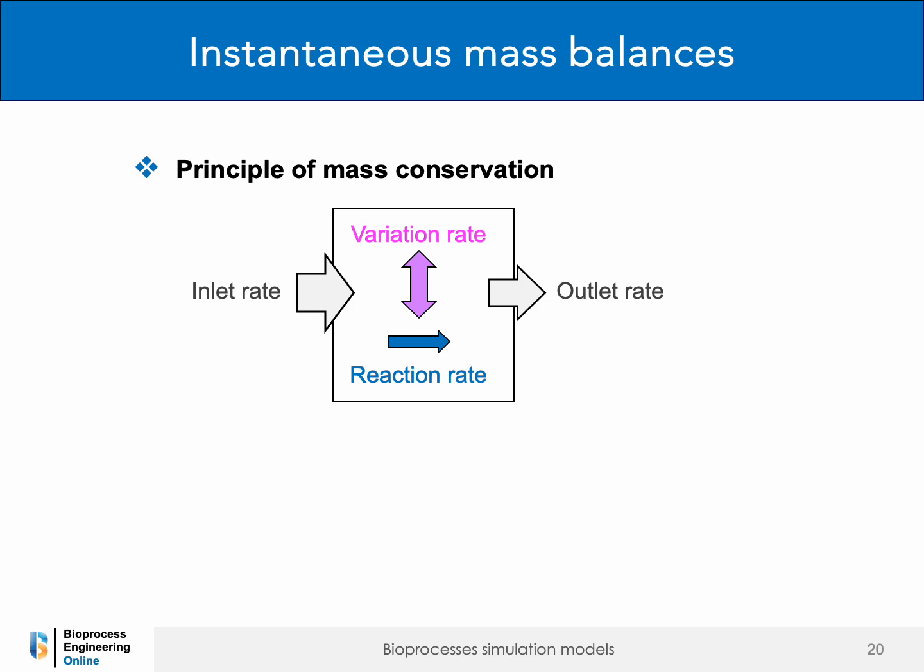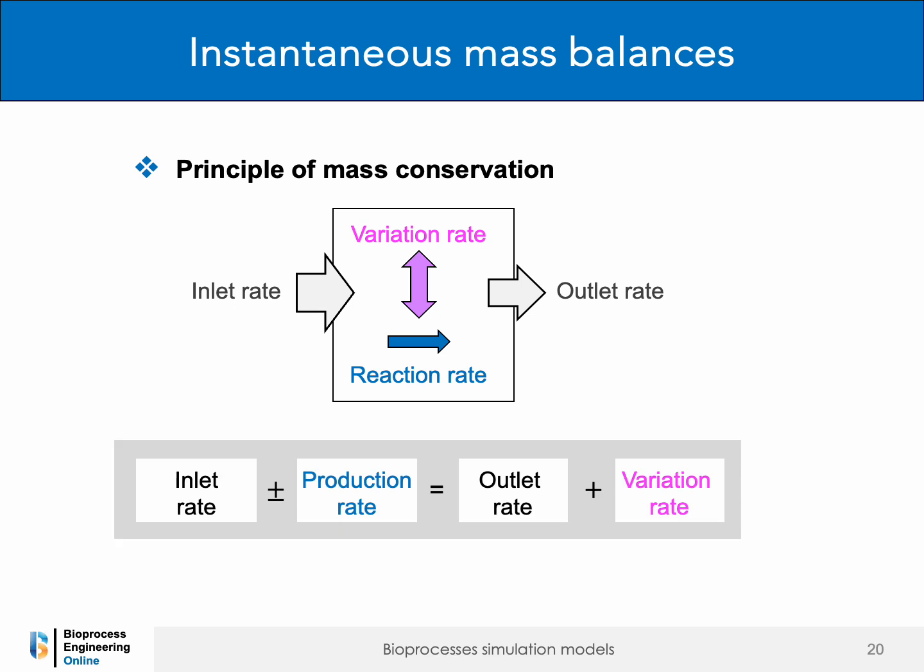In addition to the microbial kinetic laws, the bioreactor modeling relies on the instantaneous mass balances for the sugar and cellular biomass. Material balances express the fundamental principle of mass conservation. For a component, the instantaneous mass balance involves four terms: the inlet rate from the outside to the inside of the reactor, the outlet rate from the inside to the outside of the reactor, the biotransformation rate, that can be the production rate for a product or the consumption rate for a nutrient, and the internal variation rate, that expresses the rate of the component's internal mass variation.